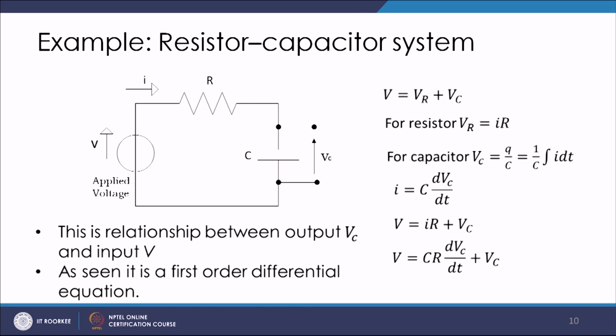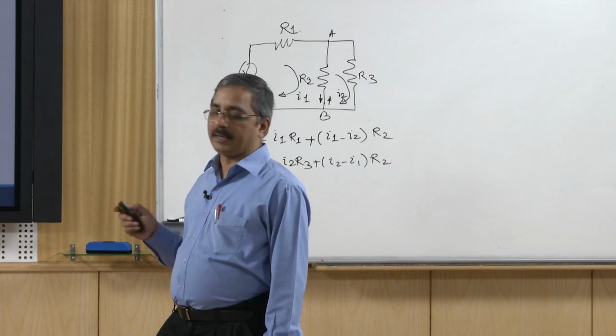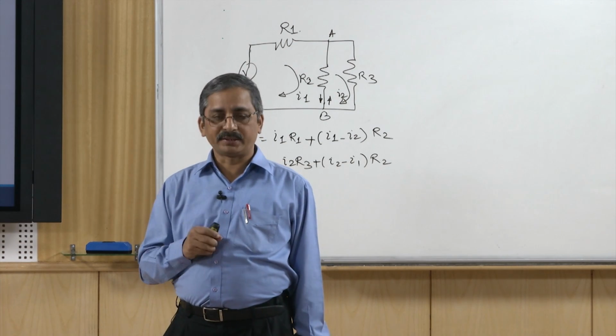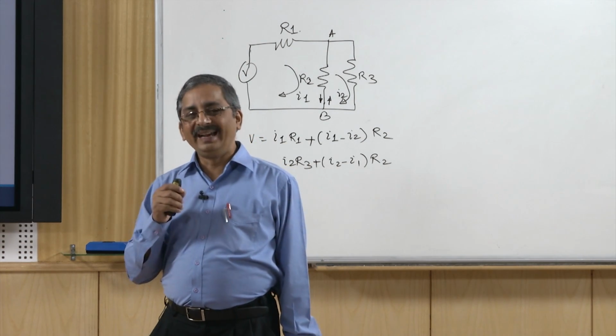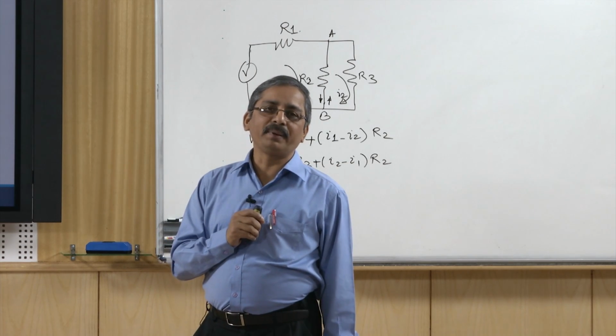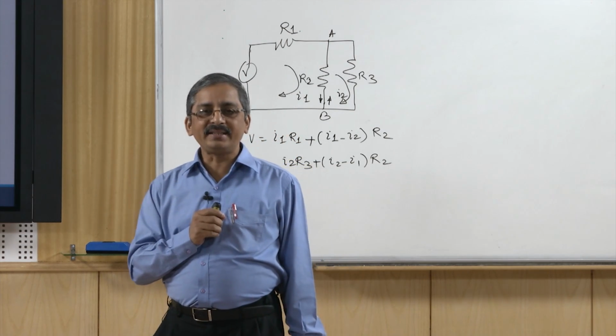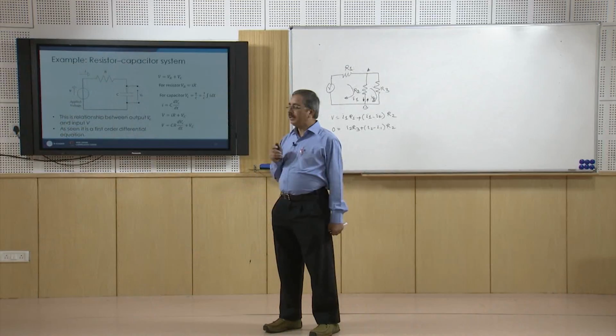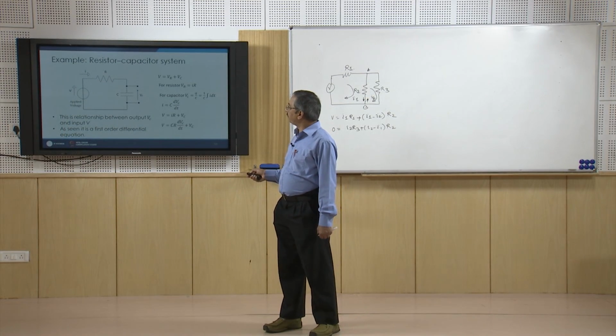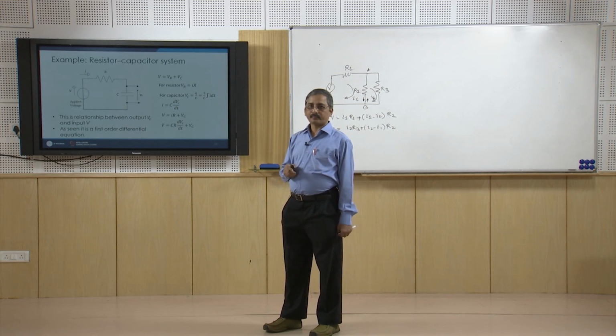So, my output is VC, the voltage across the capacitor. I intend to find a relationship between the input voltage V and the output voltage Vc.